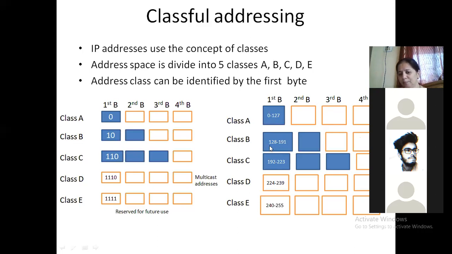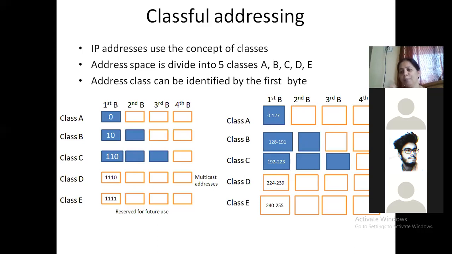These are the binary values and these are the decimal values. And in class C, you will have a value starting from 192 to 223.